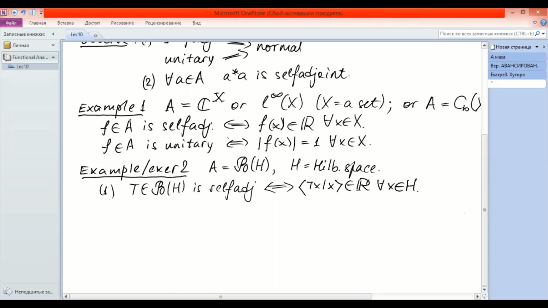And a bounded operator U on H is unitary if and only if it is bijective and preserves the inner product.